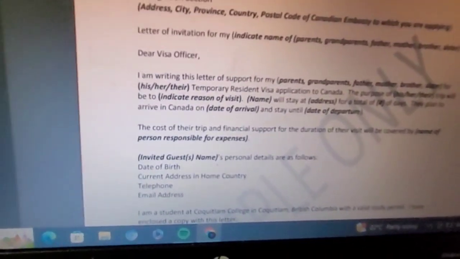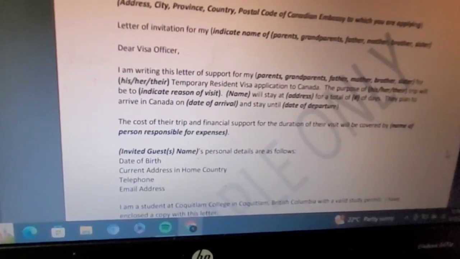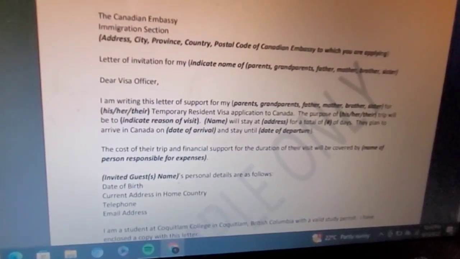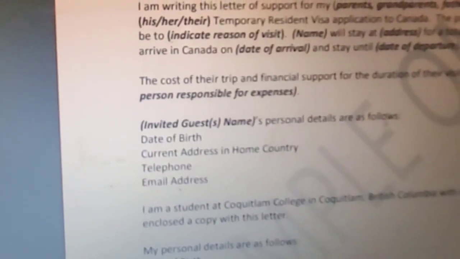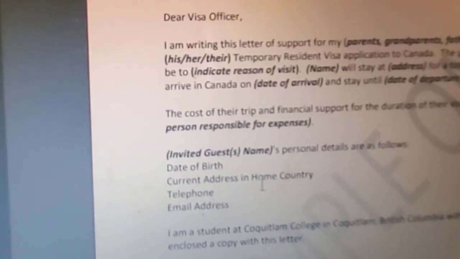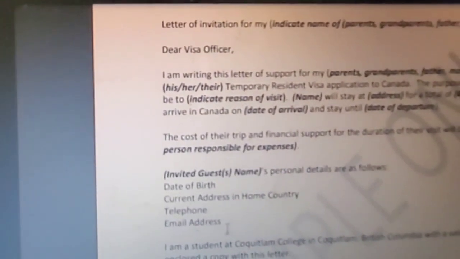After that, you give the invited guest's name and personal details as follows: date of birth, current address in home country, the address that John lived at in his home country, his telephone number, and his email address.